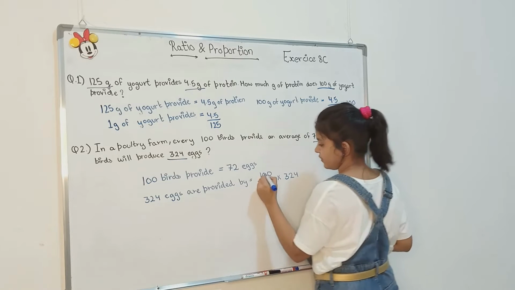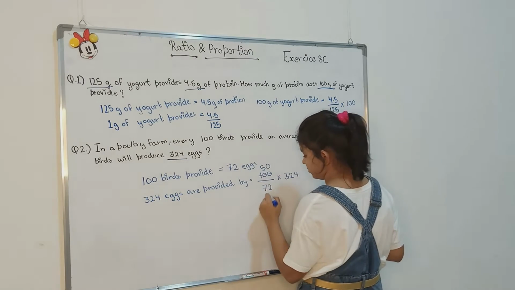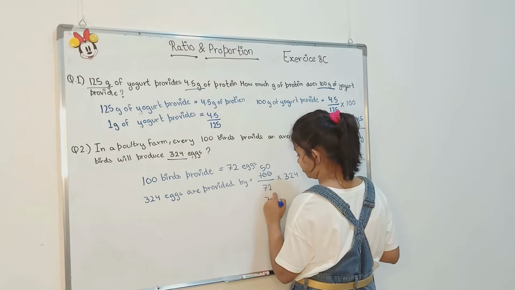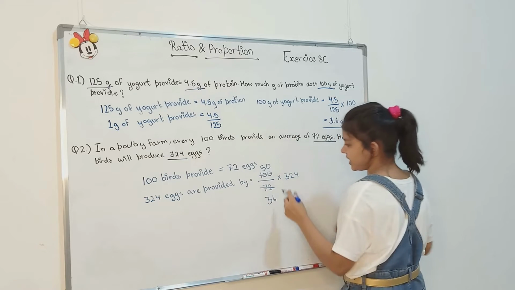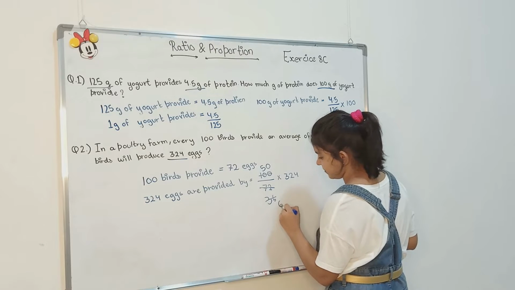So here first 2 5s are 10, then 0 0, and here 2 3s are 6, and then 2 6s are 12. So this also cuts. Now I've got 50 and 36. So 6 6s are 36.